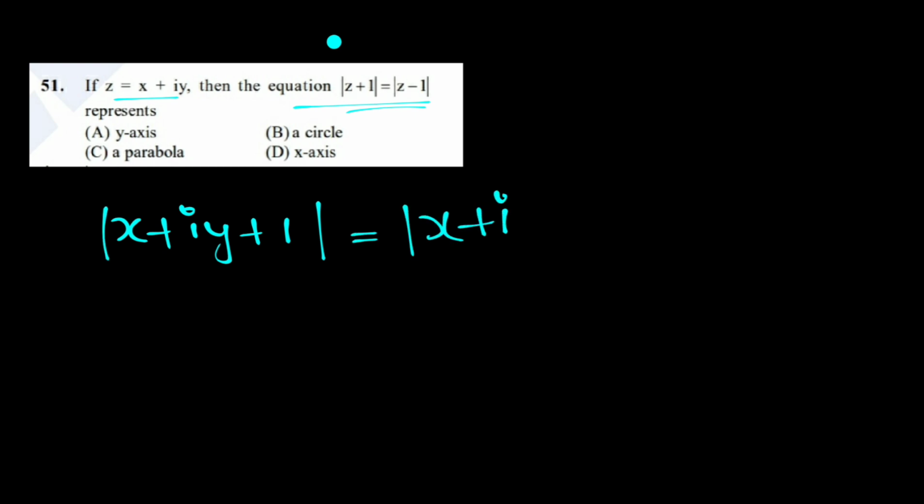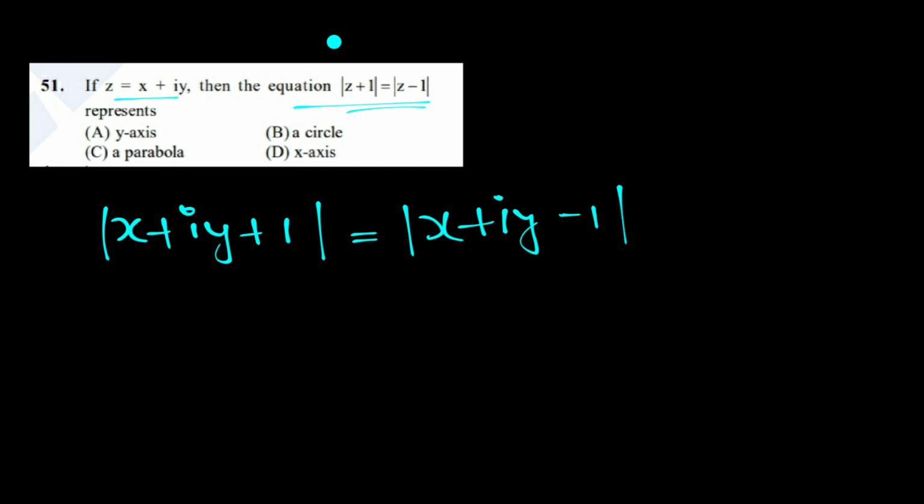Next, problem number 51. If z is equal to x plus iy, this is the complex number standard form, then the equation represents which one? X axis, y axis, circle or parabola. So here substitute the z value in this equation, you will get modulus of x plus iy plus 1 equals modulus of x plus iy minus 1.